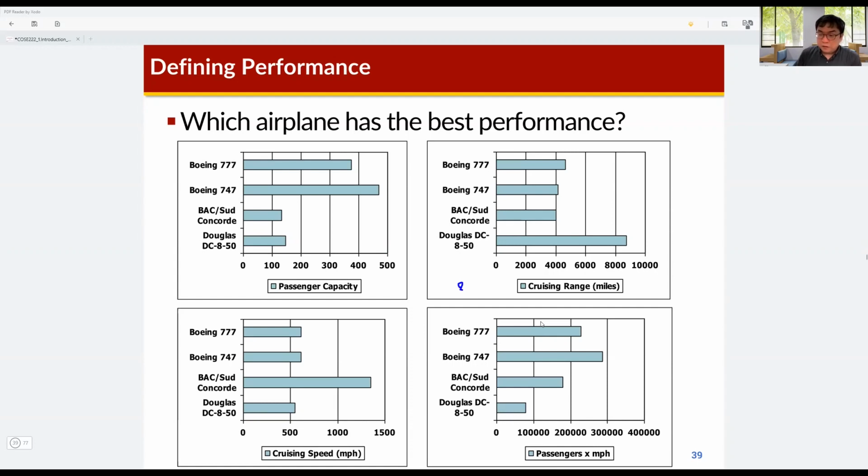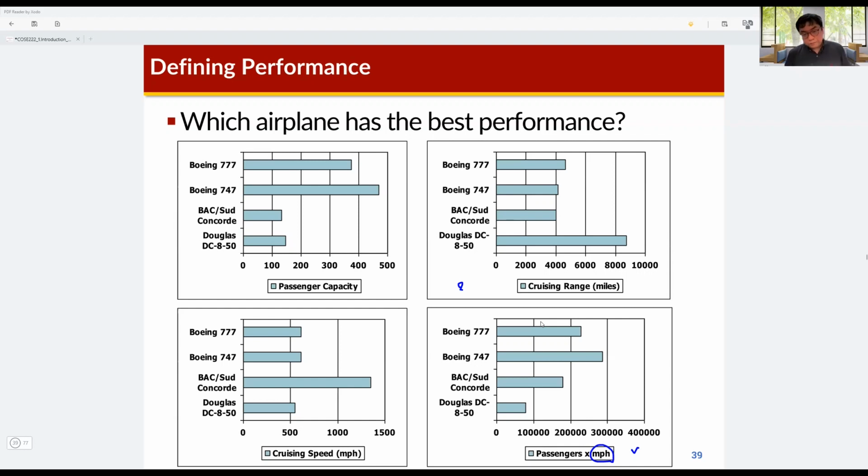It's the cruising range, the distance which can be flown in one flight. The third graph represents the speed. This fourth graph represents the number of passengers multiplied by mph, miles per hour, that is the cruising speed. So that is a multiplied value.